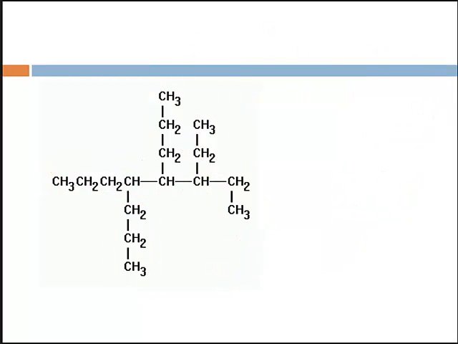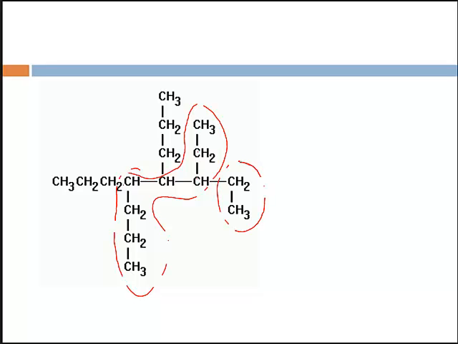Alright, I'm going to just show you something real fast. If I were to pick a different order, if I would have started counting down here, 1, 2, 3, 4, 5, 6, 7, 8, it's still 8 carbons. And I want the substituents coming off the chain.